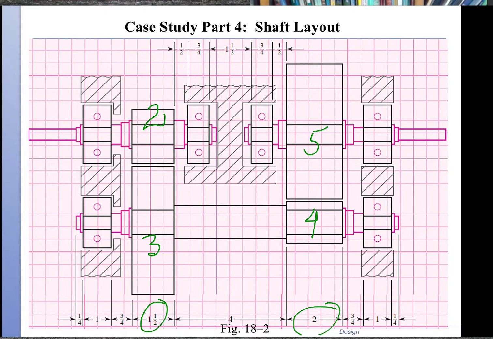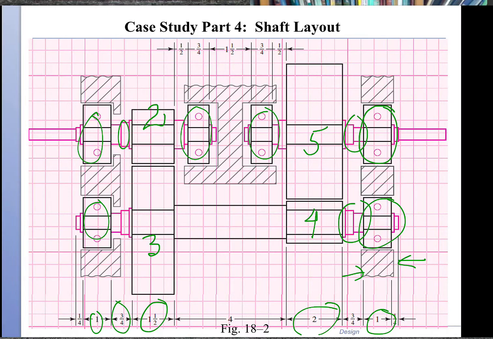Then we would choose now to support, we have roller bearings here, roller bearings for support of the input and output shaft and also the counter shafts. So we need to determine the size of the roller bearings. For the time being, we're going to take this as 1 inch on each side, and then we will do clearances for the shoulders of the shaft.